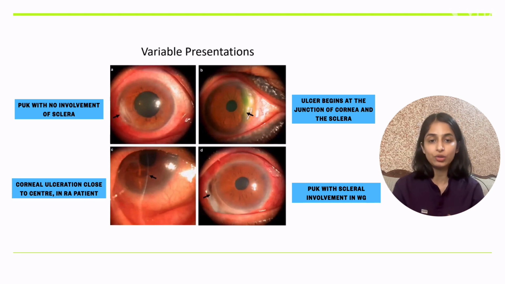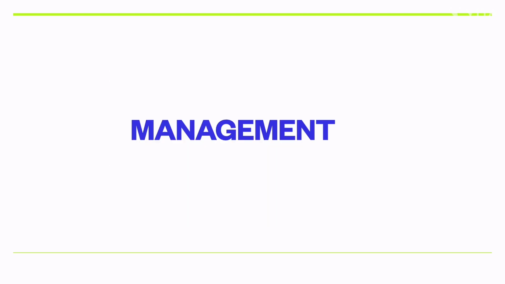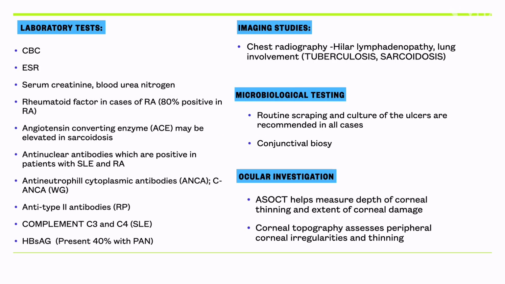Moving to the management, starting with the diagnostic workup of PUK, I have divided it into 4 parts: laboratory test, imaging studies, microbiological testing, and ocular investigations. So in lab tests, we start with a CBC, ESR, and renal function test to screen for general inflammation and systemic health.